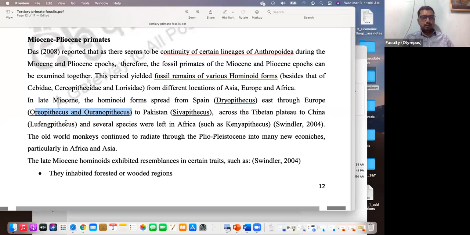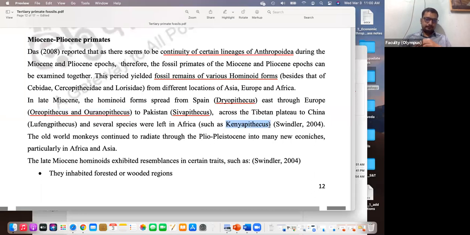Dryopithecus, Oreopithecus, Auranopithecus, Shivapithecus, found in Pakistan, and Kenyapithecus, found in Africa.